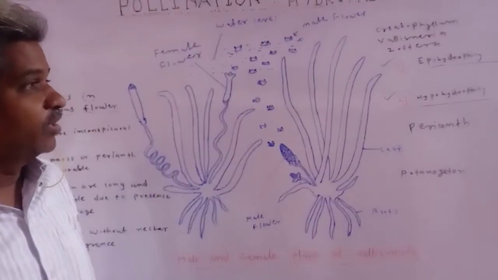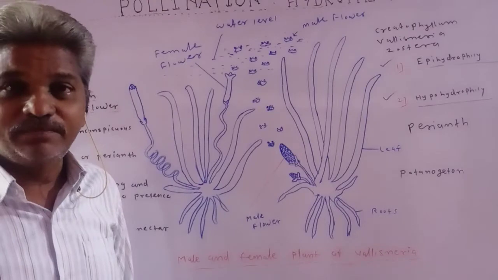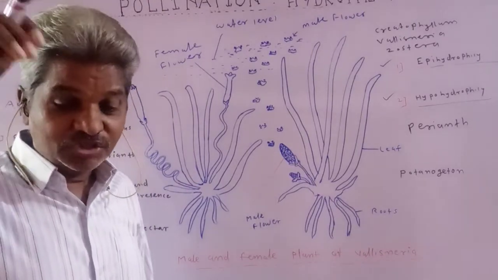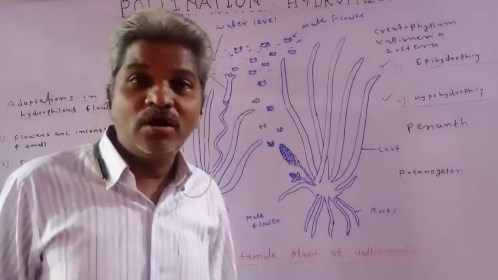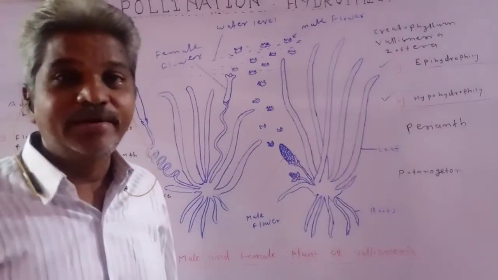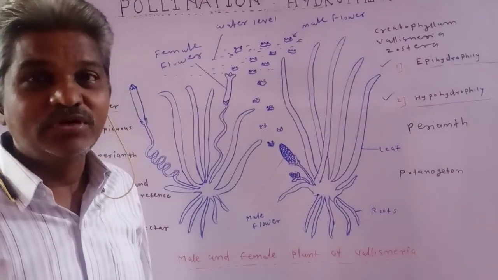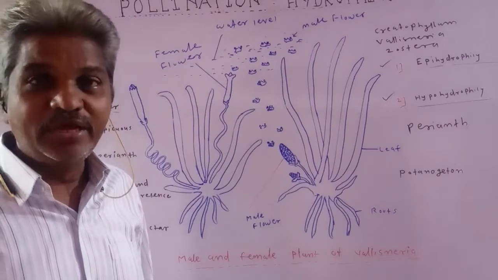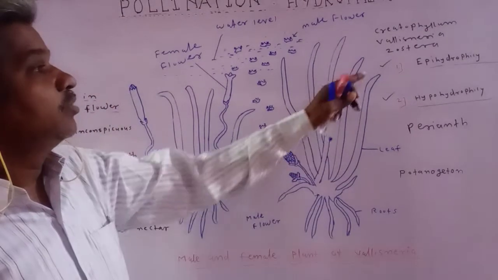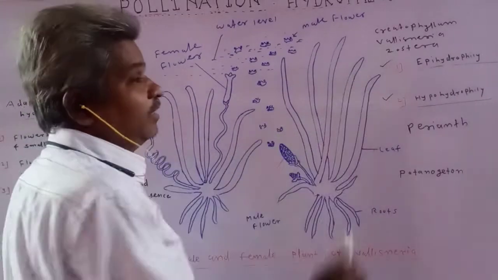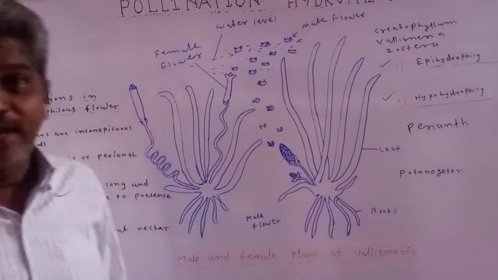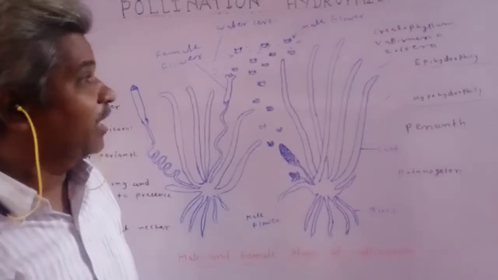That means the pollen grains are not floating on the surface, but sink in the water. The pollen grains released from the male plant are long, ribbon-like, needle-like. Hypohydrophily is seen in Zostera, which is also a dioecious plant.